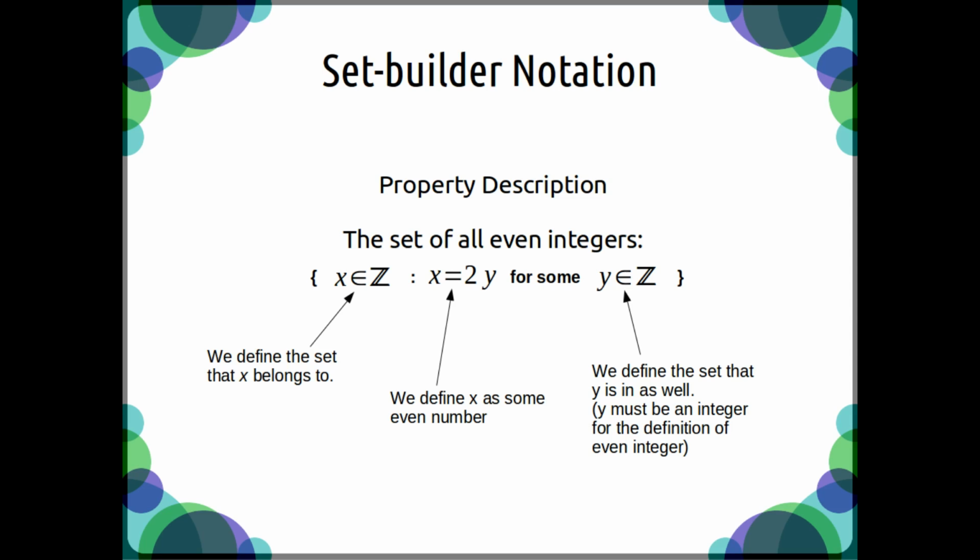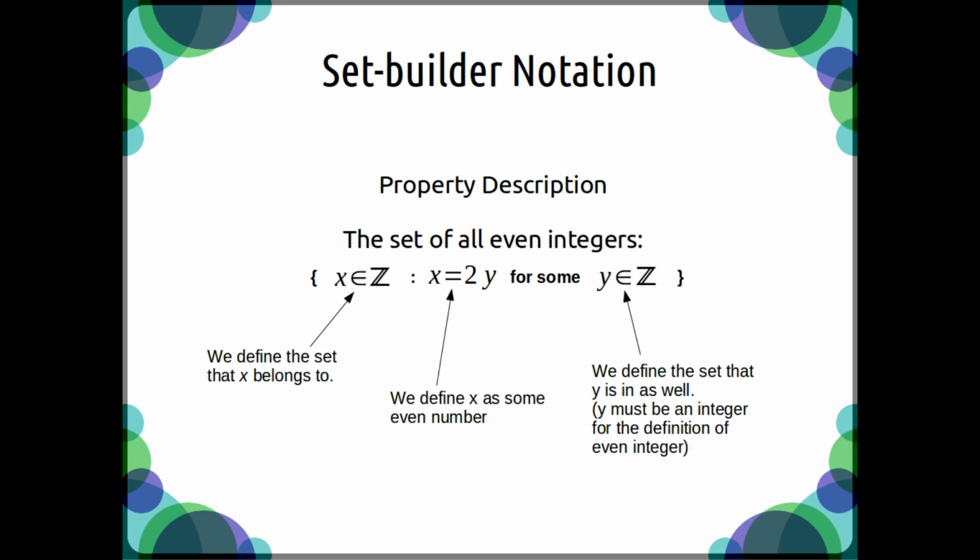So for the set of all even integers, we're going to say that x, some element x, is some even integer. So first we have to say that x is an integer. X belongs to the set of all integers. Then we define what x is, and again, similar to in chapter 2, we say x is equal to 2y.